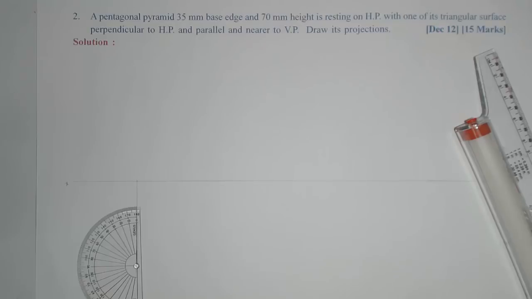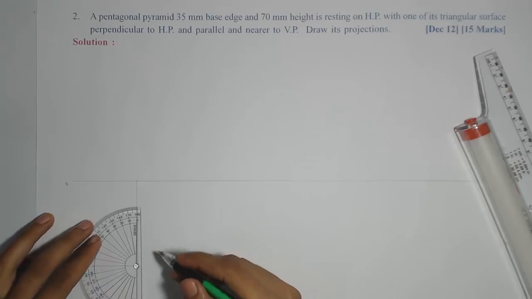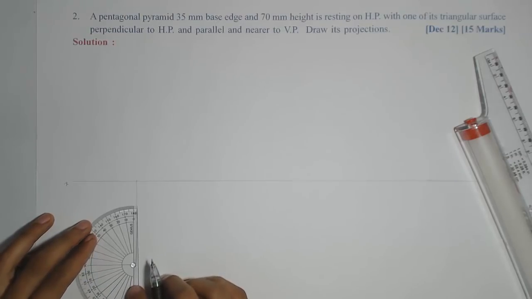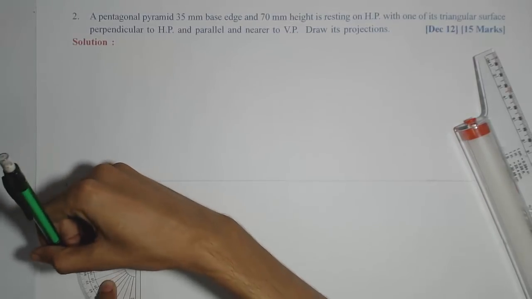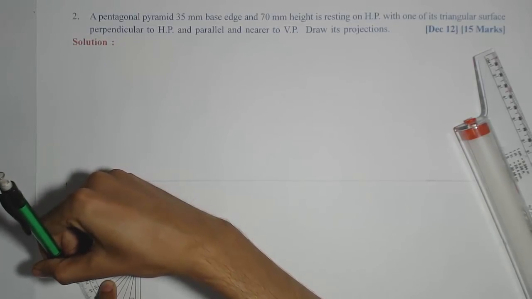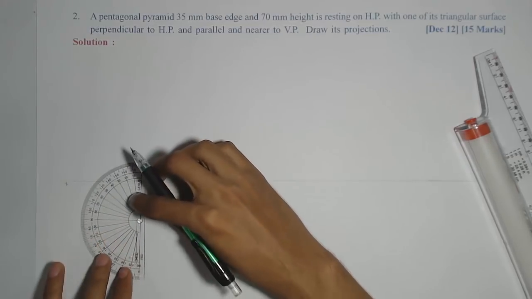Most of the students make mistakes while drawing a pentagon because they measure the angle wrong. So 108 for this side, and then again 108.